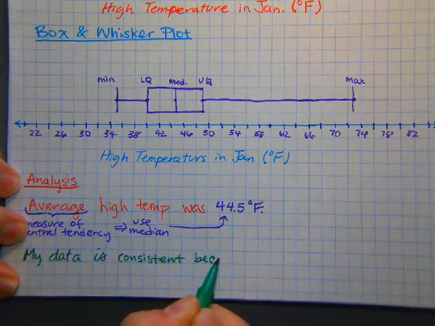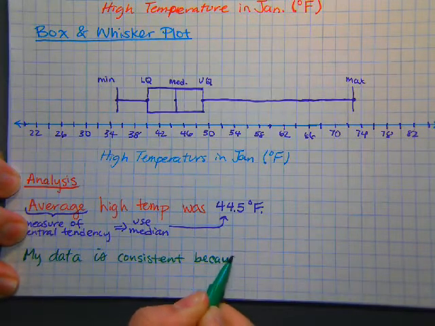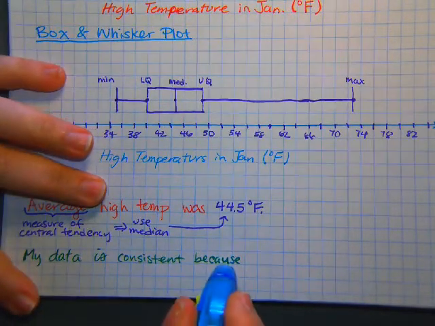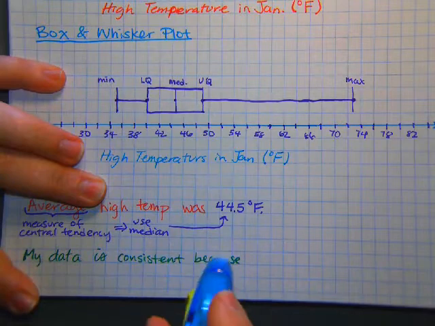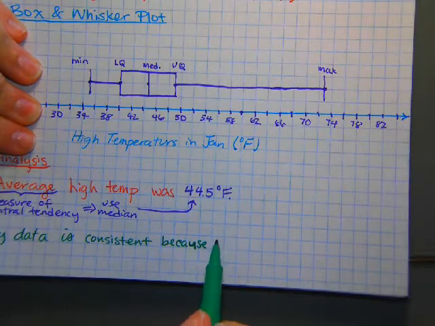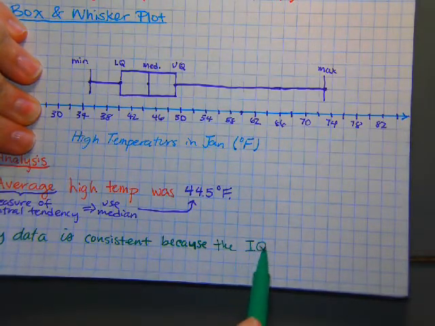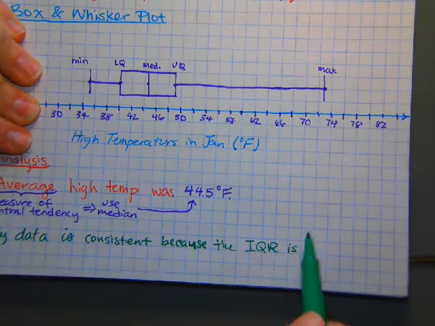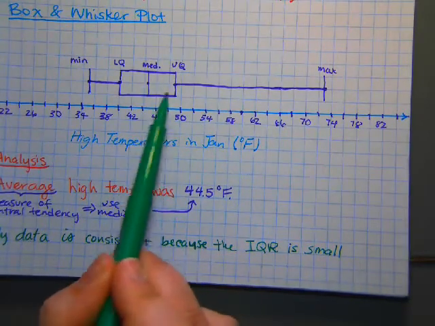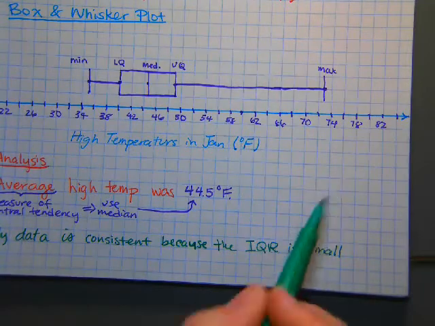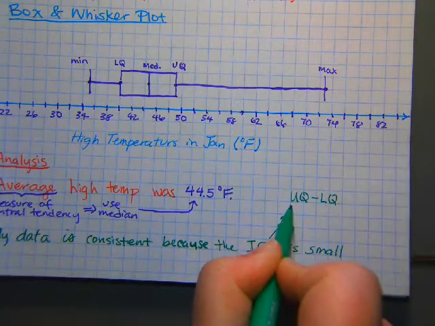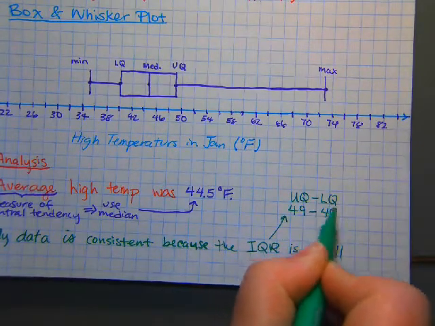because the IQR range is small. And if I wanted to, I could do my upper quartile minus my lower quartile, which would be 49 minus 40 equals 9.